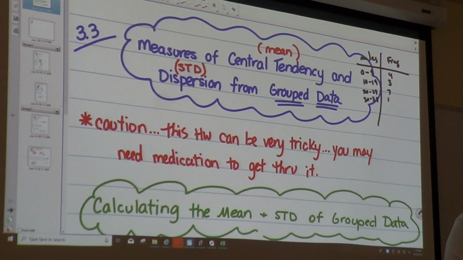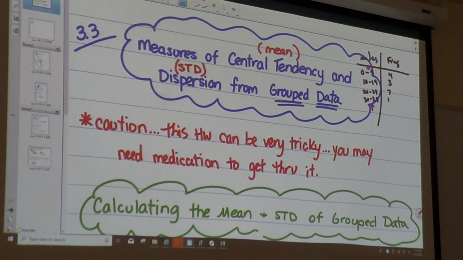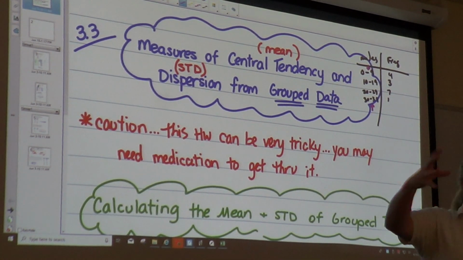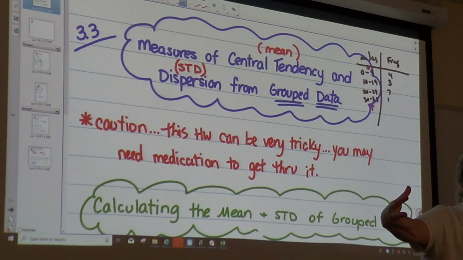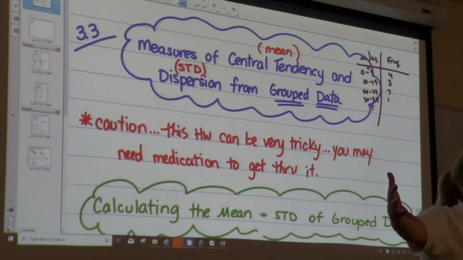The number in the middle. So you can't put the whole thing. What we need to do is find those numbers in the middle. That's called the midpoint. And that midpoint is going to represent that whole group. You just pick somebody in the middle and say, hey, you're representing this group.